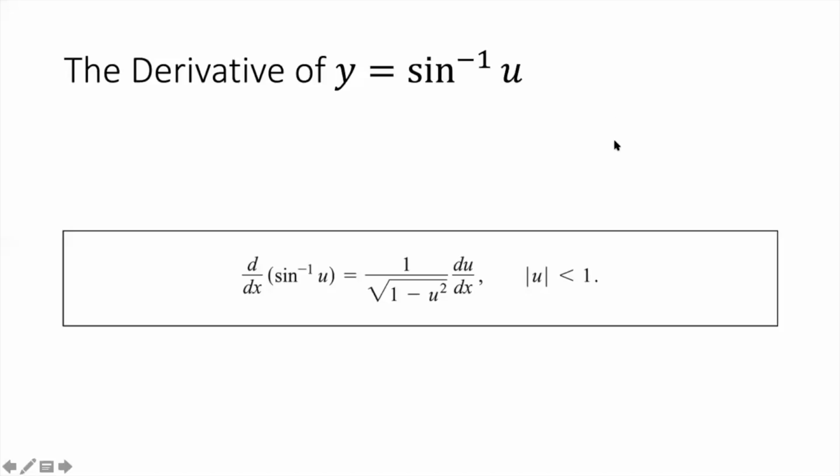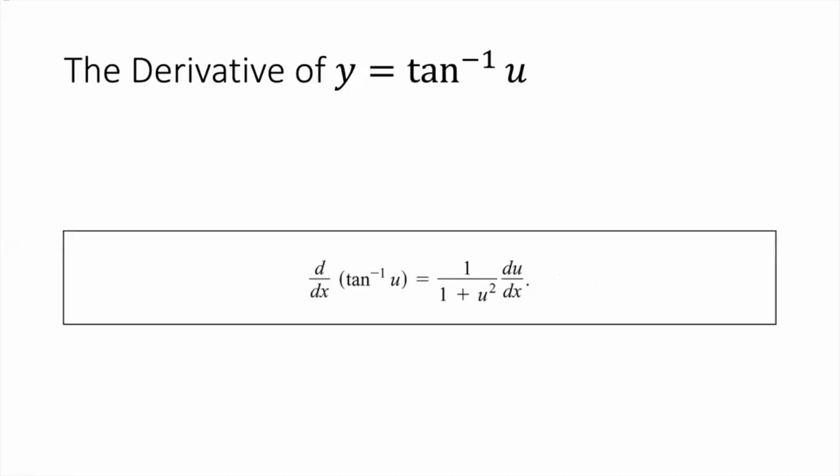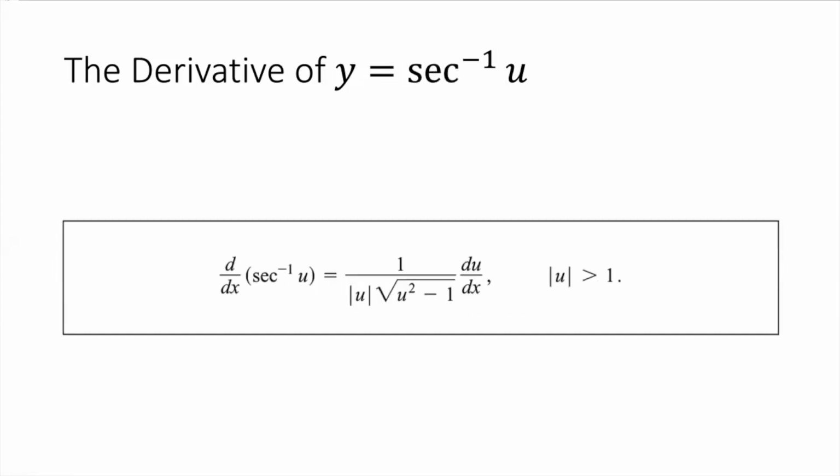All right, so that's the derivative of inverse sine u. You can use a similar technique to prove the derivative formula for inverse tangent u, which is right here. And you can even do the derivative of inverse secant u. Let me just point out something kind of interesting about this formula.